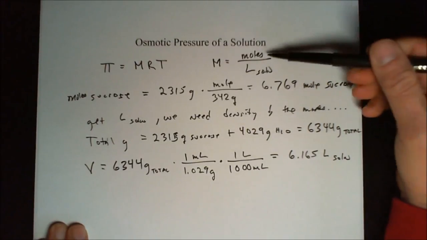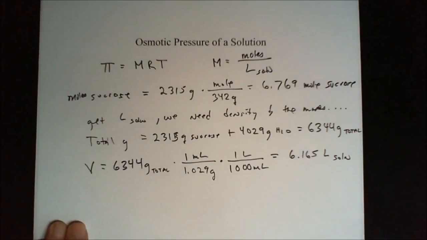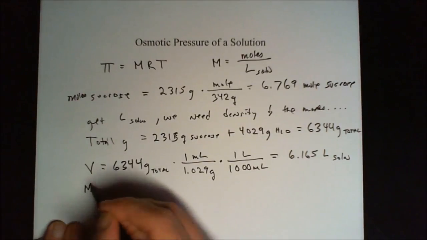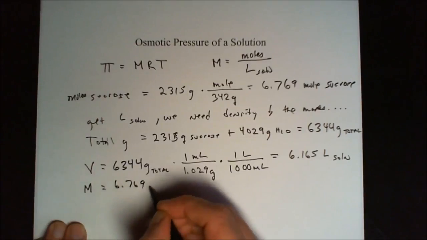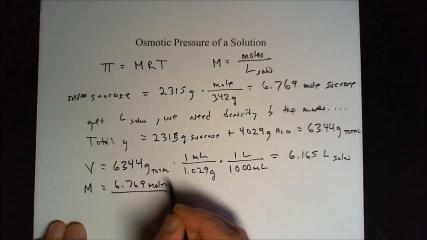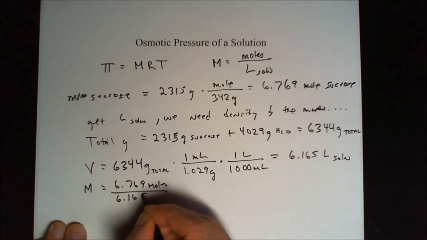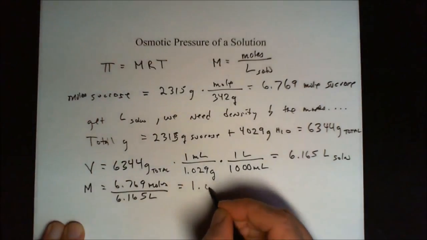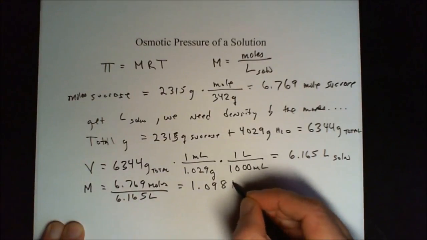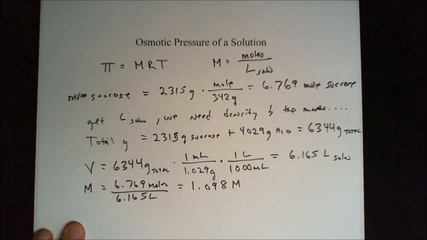So we have our moles, we have our liters of solution, so we can calculate our molarity of our solution, and that is 6.769 moles per 6.165 liters, which gives us a molarity of 1.098 big M, molarity, moles per liter.